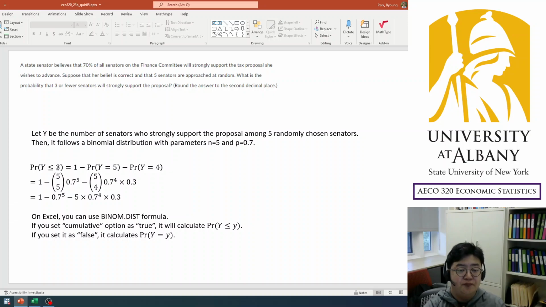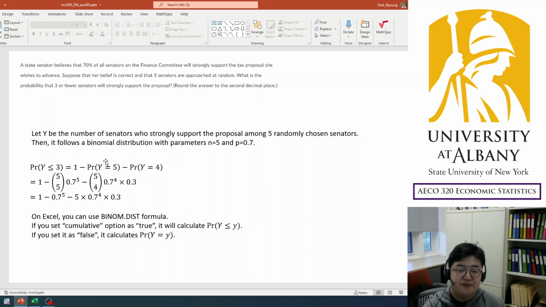So this includes 0, 1, 2, 3. You have to calculate 4 probabilities, but a better approach would be calculating the other side, 5 and 4.